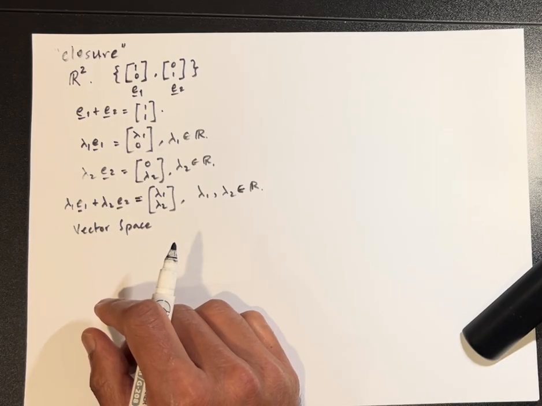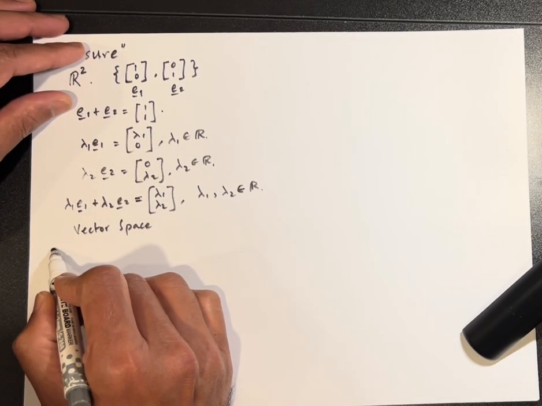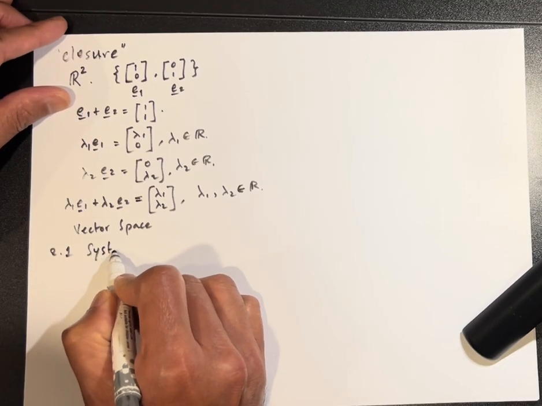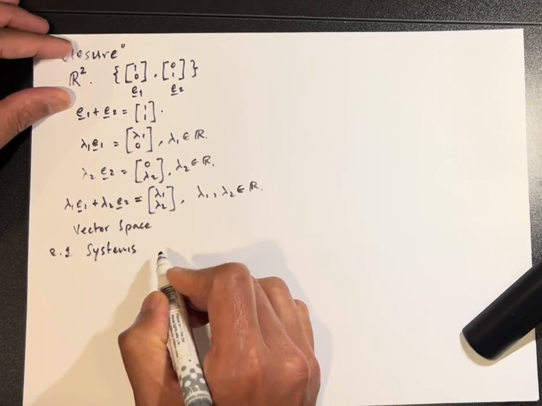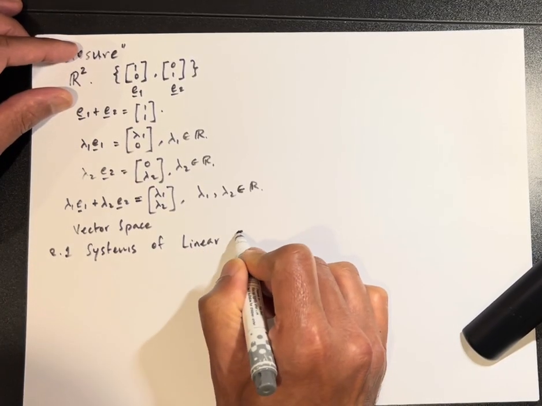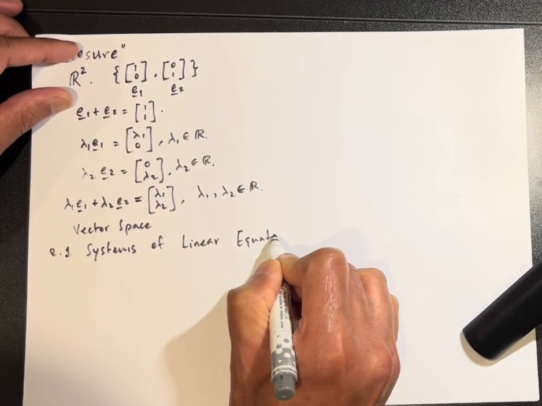Okay, so now we'll look at this next section, which is on systems of linear equations. So that's 2.1, systems of linear equations.